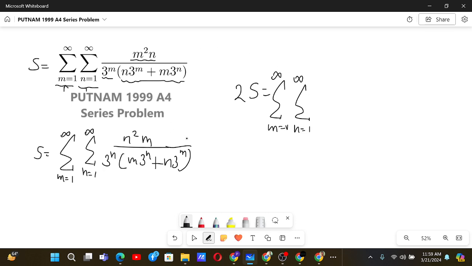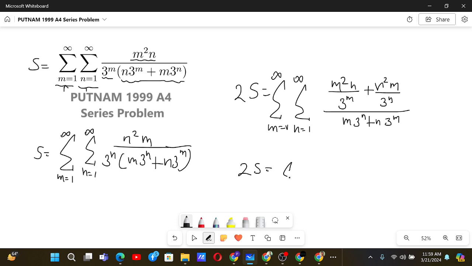Over here we can take the same denominator and then add the numerators: m squared n by 3 to the power m plus n squared m by 3 to the power n, over m 3 to the power n plus n 3 to the power m. Now try taking the LCM over here. 2s is equal to the sum from m equals 1 to infinity, sum from n equals 1 to infinity.